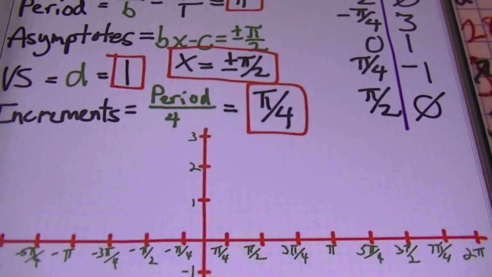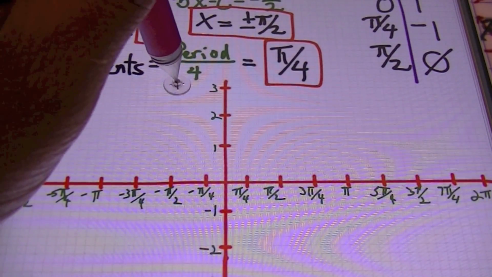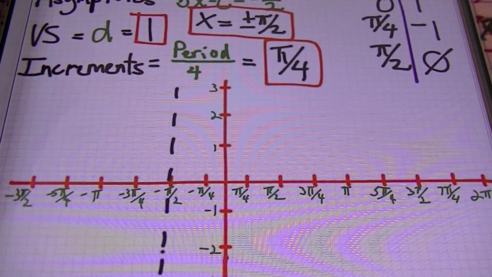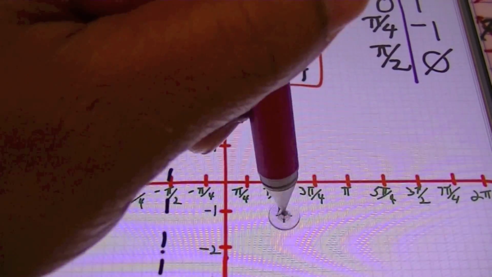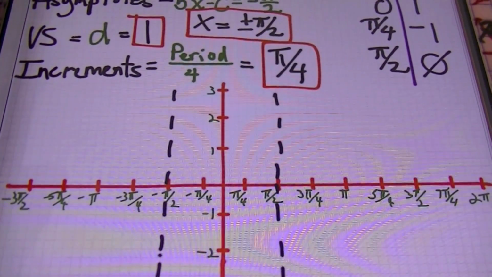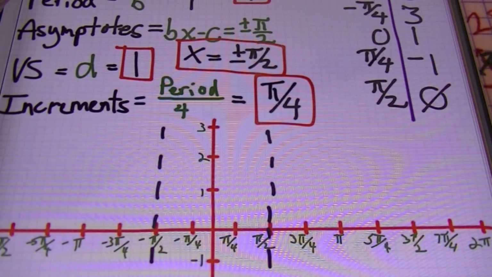Let's start with asymptotes. We have an asymptote, ladies and gentlemen, at negative pi over 2. We also have an asymptote at positive pi over 2. All right, so thus far our graph looks just like this. Then graphing the other 3 values that we have, at negative pi over 4, we know that we're going to have a y value of 3.